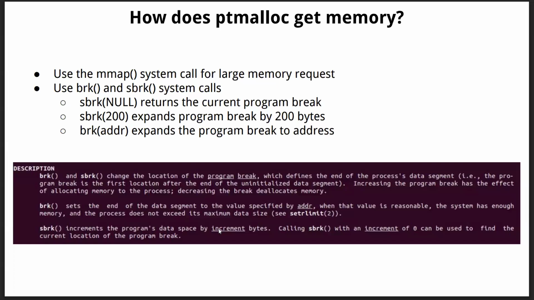Another is to use memory map to implement the heap. They are similar. So ptmalloc currently uses mmap to do that. More modern, but we do still use sbrk. If you pass 0 to sbrk, it will return the current program break. It will tell you where it is, and you can expand the program break by a number of bytes. You can use sbrk or brk to do that.